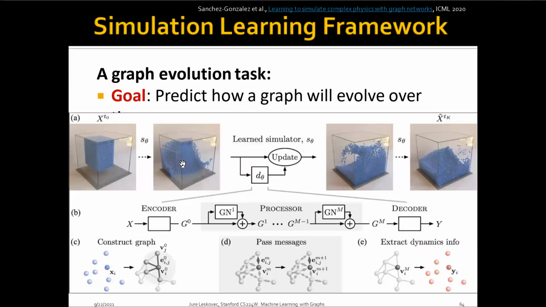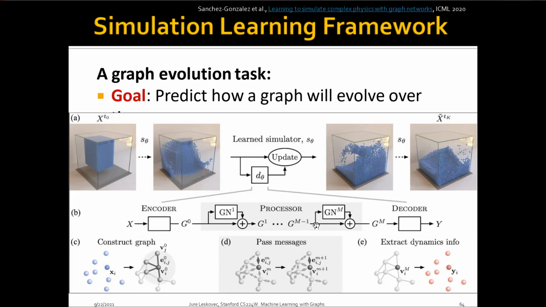So each of the nodes has properties, say their current position, their velocity, and also the property of these particles based on different materials, right? So that's the node. And then the edges are where they connect with these nearby particles, right? And then these edges can be some forces in the physics, right?